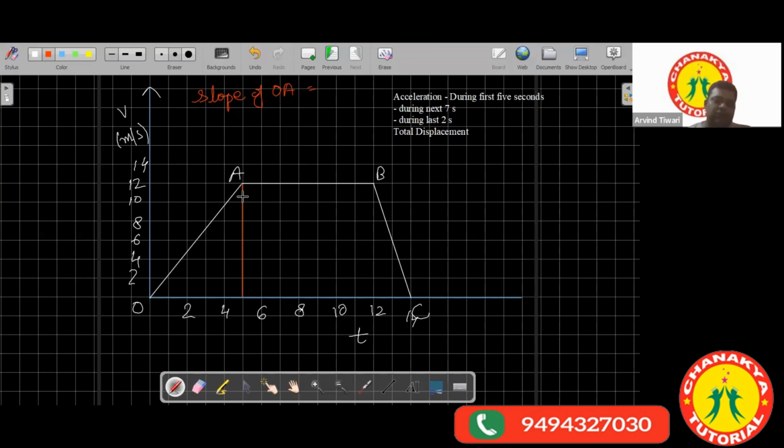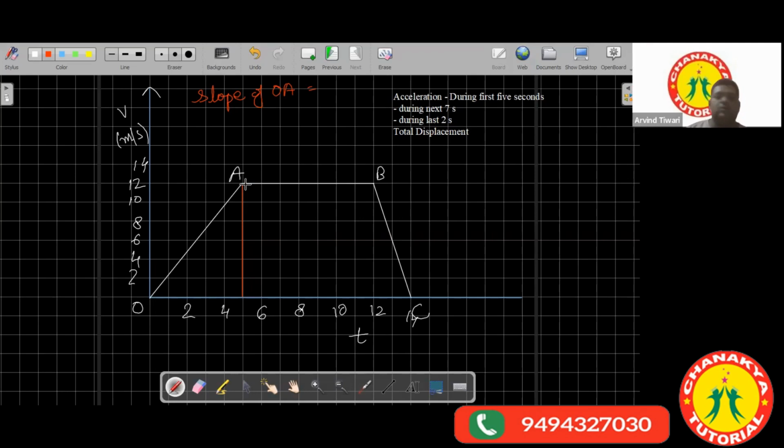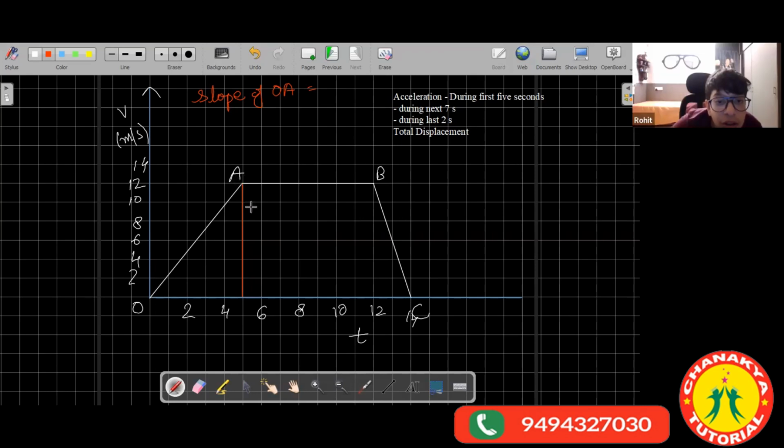So during the portion OA, what is the final velocity here? Rohit, what is the final velocity during this portion of OA? The graph is from O to A. So what is the final velocity? Sir, final velocity will be 12, right? Okay.